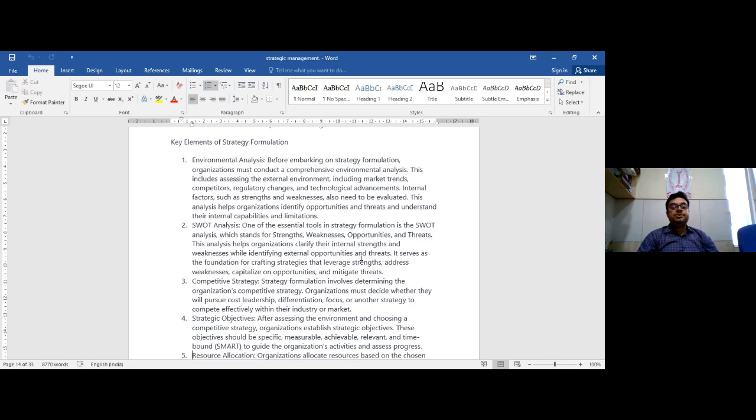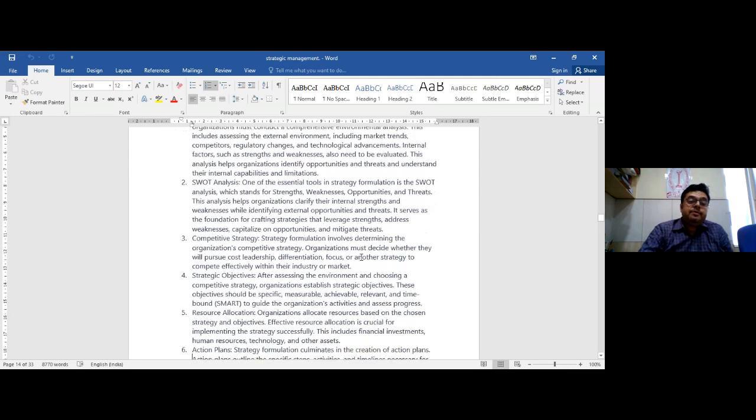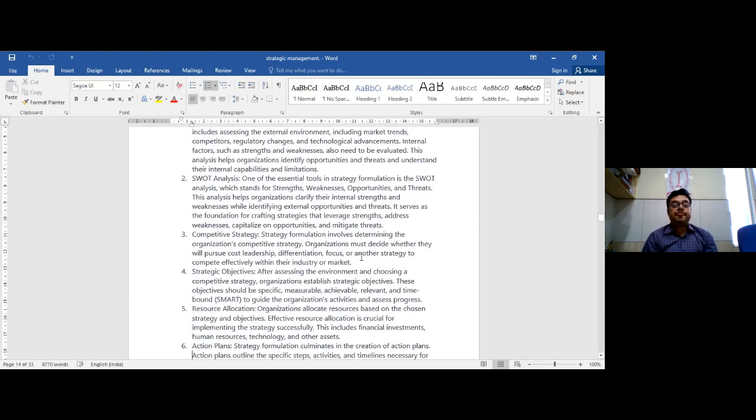It serves as the foundation for crafting strategies that leverage the strengths, address the weaknesses, capitalize on opportunities, and mitigate the threats. A competitive strategy: organizations also help in distinctly identifying their competitive strategy for the same purpose.